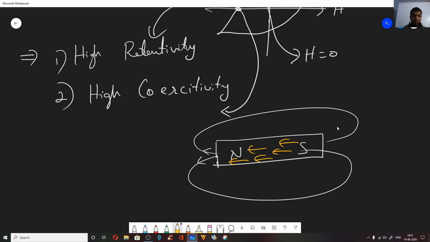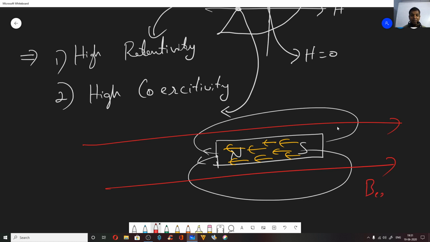So notice the direction of the magnetic field, then you can notice the direction of the individual magnetic moments. Fine. Now say you are keeping it in the Earth's magnetic field. Say Earth's magnetic field is this way, right? Now due to this Earth's magnetic field, very few of these dipoles may actually try to align in the direction of the Earth's magnetic field, because the torque acting on the dipole will always try to bring that dipole into the stable equilibrium.